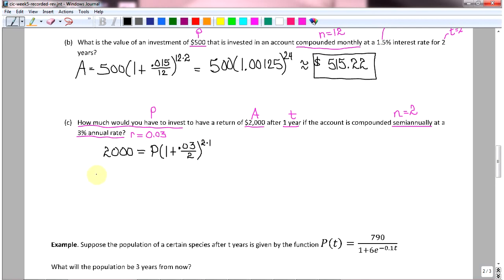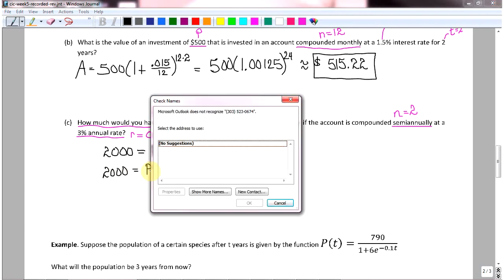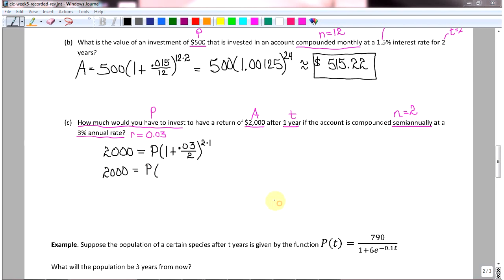Okay, so let's simplify this. So the left side, we still have 2,000 is equal to P times, if we do 0.03 divided by 2, that gives us 0.015 plus 1, so we have 1.015, and this is raised to the second power, 2 times 1.